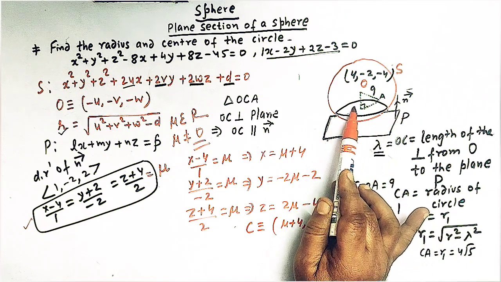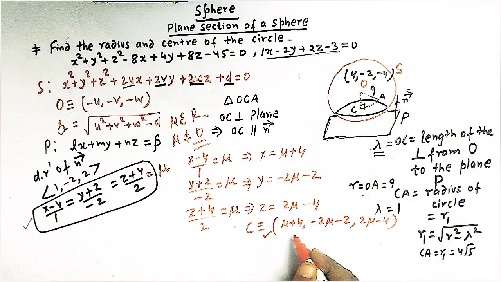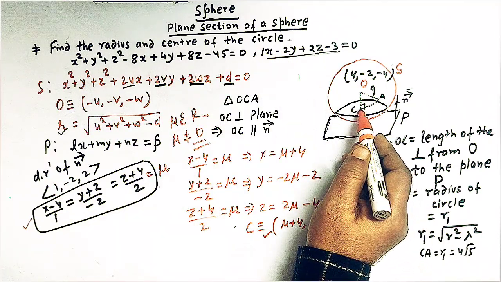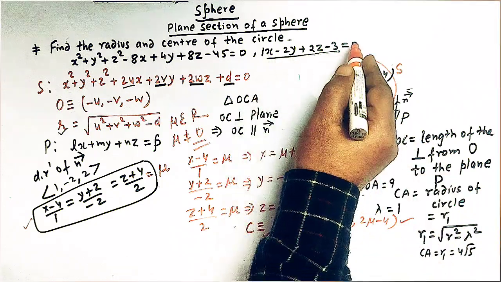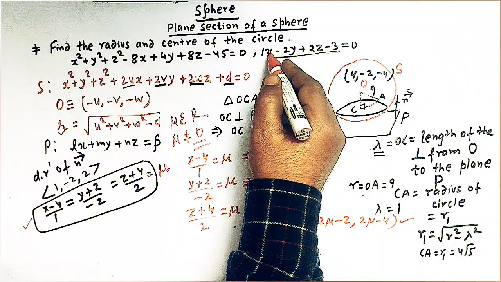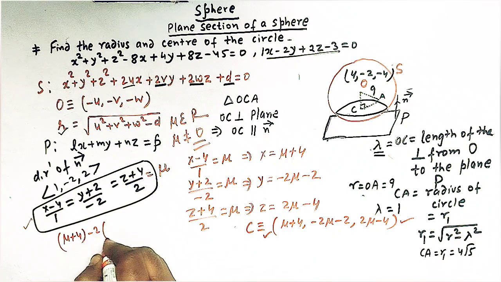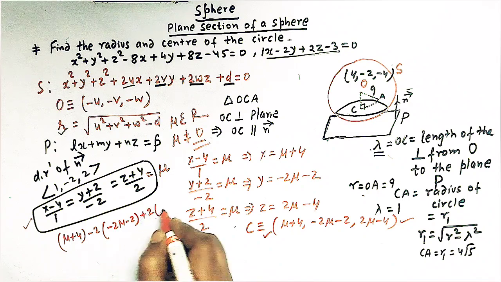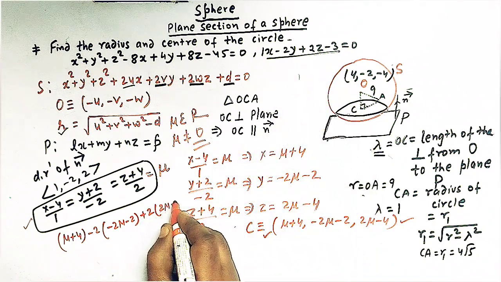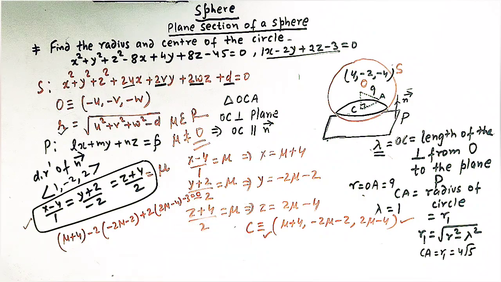So it implies that the center C lies on the plane P, so these coordinates must satisfy the equation of the plane. So here, taking x is equal to mu plus 4, then we have minus 2 times y, where y is minus 2 mu minus 2, and then we have 2 times z, where z is 2 mu minus 4, and that minus 3 is equal to 0.